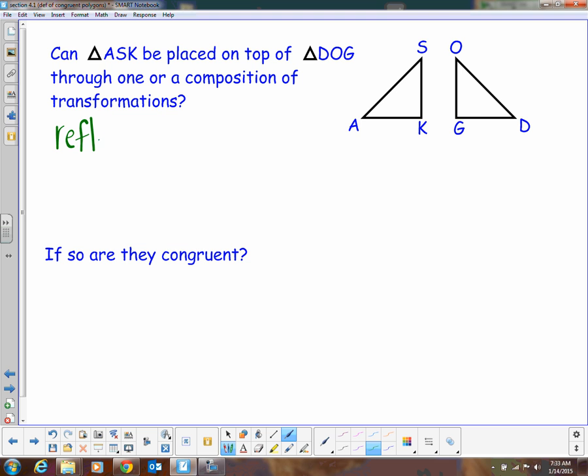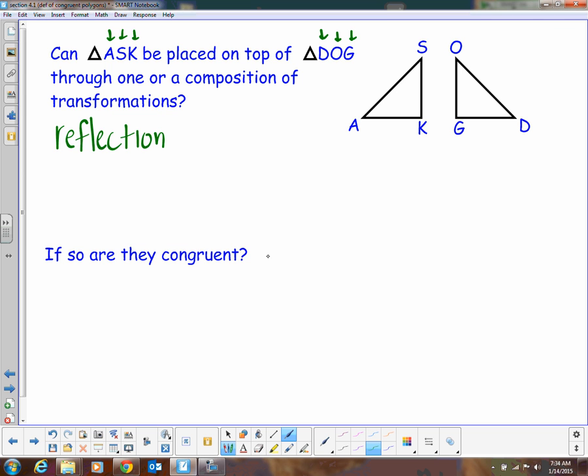Now, did I do a good job on the way I did my triangle lettering? A, S, K, D, O, G. Do you remember how you have to do this so that A falls on top of what it corresponds to? You with me? You remember? Okay. And S has to fall on O, and K has to fall on D. That's a huge piece of what we're doing.